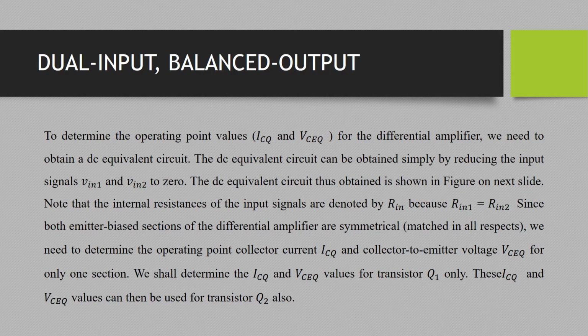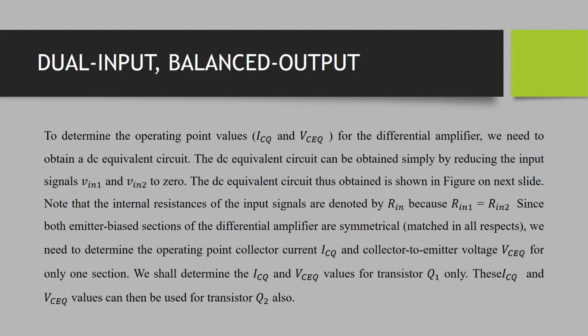The analysis of differential amplifiers not only clarifies the operation of operational amplifiers but also makes the characteristics of operational amplifier easy to understand. So for that purpose we need operating point, and DC equivalent of the circuit can be obtained by reducing the input signals to 0, which is shown in the next slide.